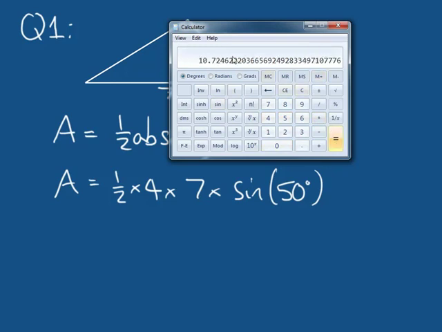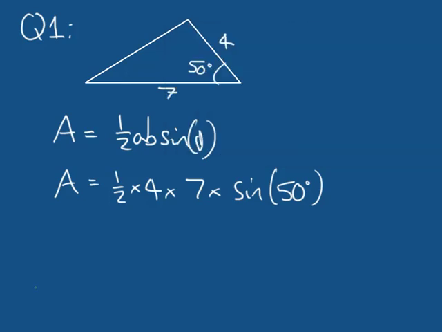If we click equals, it tells us that the area of this triangle is approximately equal to 10.725. So our area is approximately equal to 10.725.